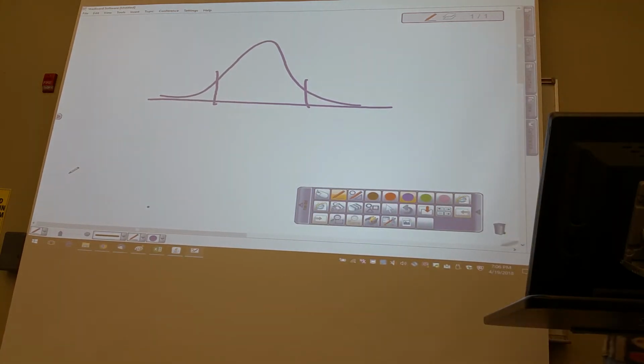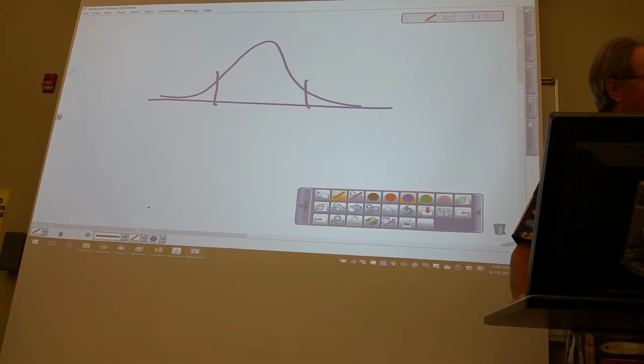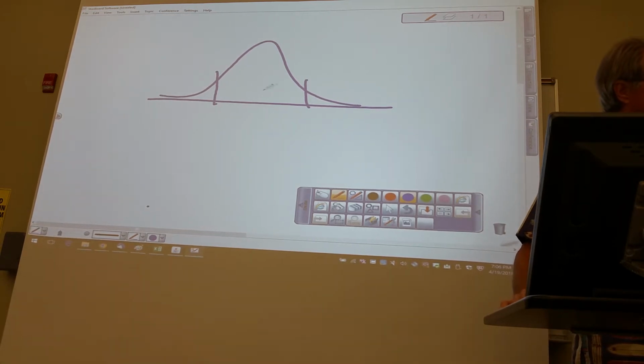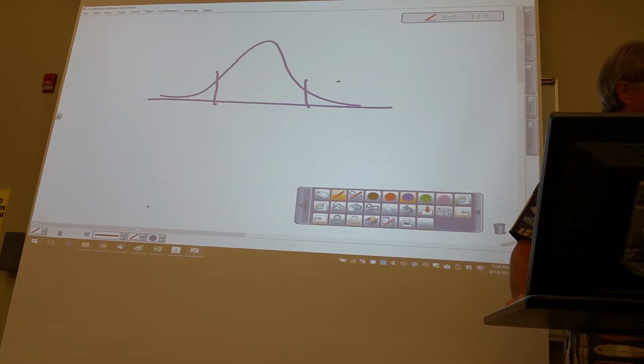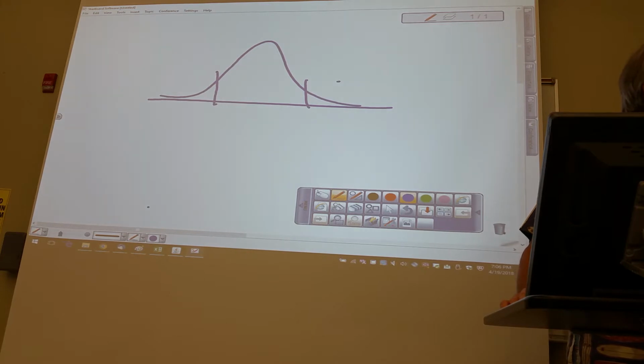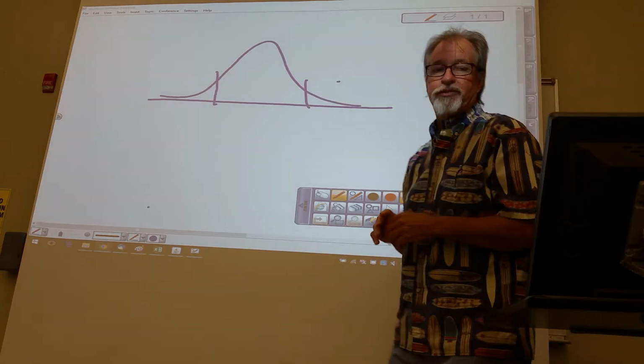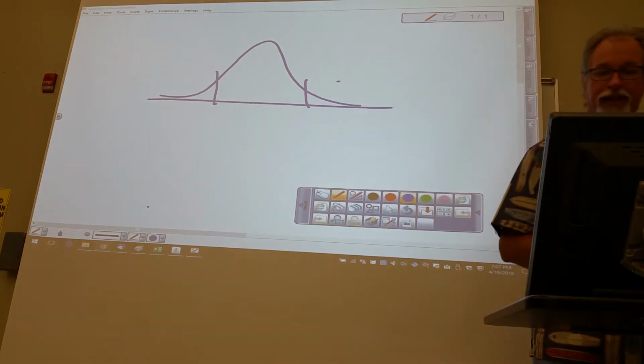So, looking at this problem, we've got the null and the alternative hypothesis. Right? So we got that. Now, there are a couple of different ways of thinking about that hypothesis.